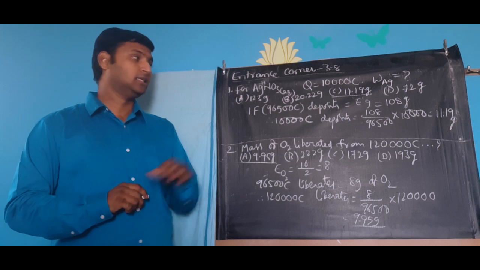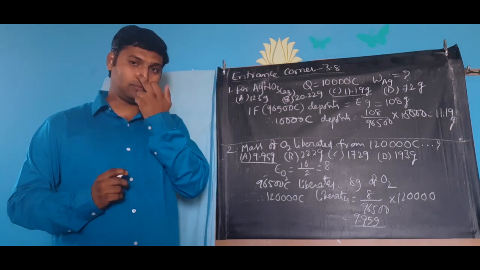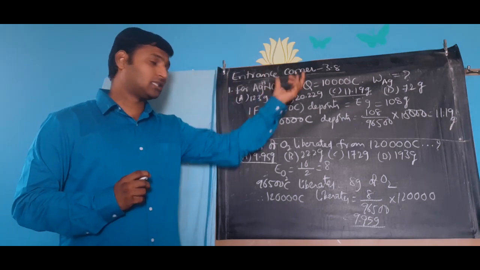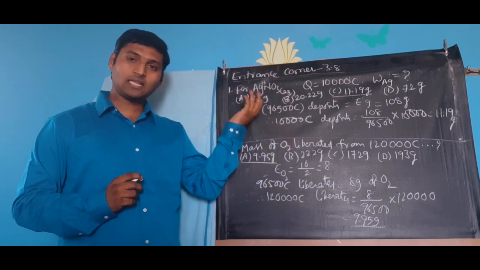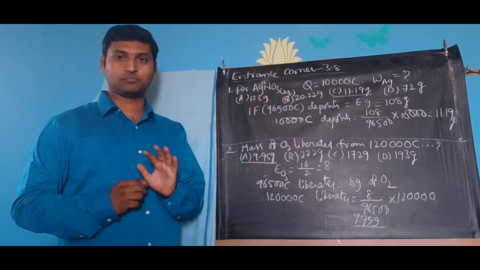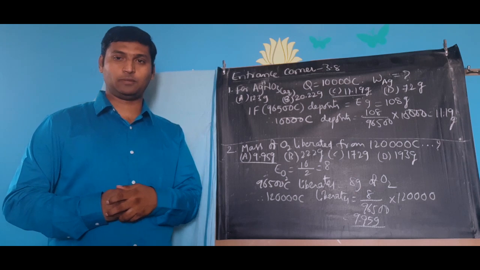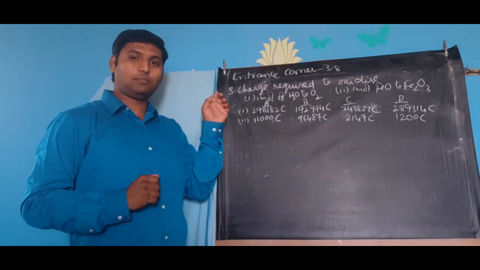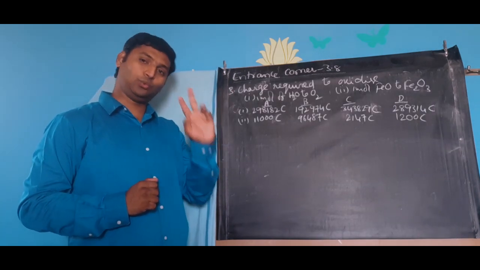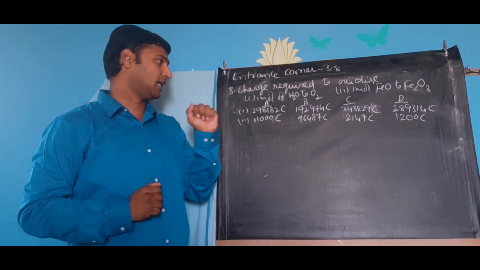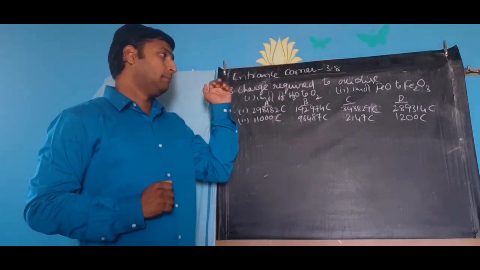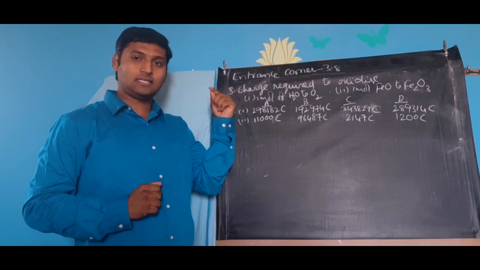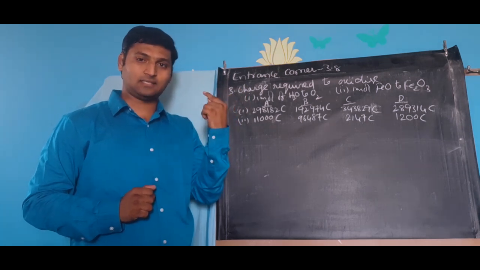Is that clear? So these two were the problems in which the charge passed is given and the mass of the substance is asked. Let us see how is the next problem. Okay. In the third problem, if you observe, it contained two smaller problems again. Previously, we calculated the mass when the charge supplied is given.